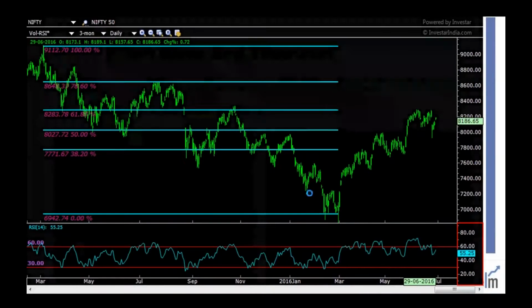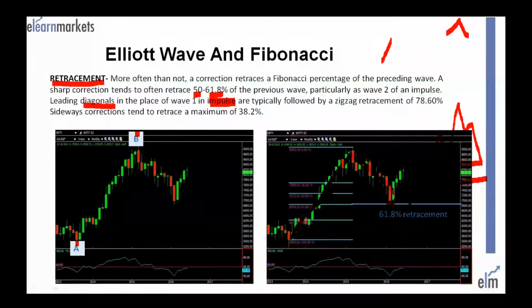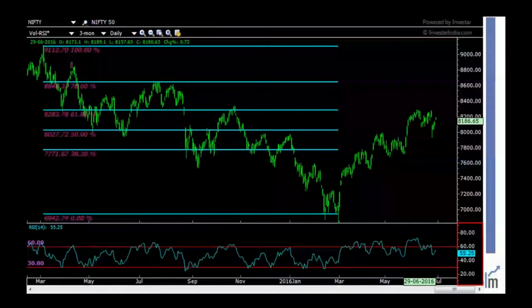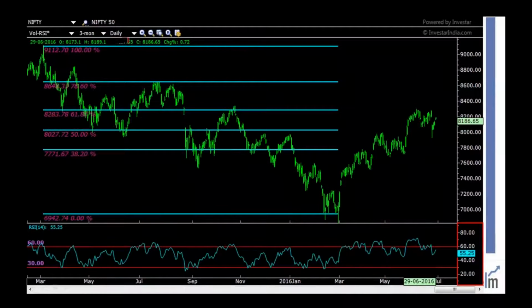This particular correction which we've seen on this chart is what is being reflected on this chart on a daily time frame. On the daily time frame, you can see that if we draw a Fibonacci retracement from the top of 9,000 to the bottom of 6,800, the prices currently lie at the level of 61.8% retracement again, and this is where Nifty has been facing a lot of resistance since the past few trading sessions.